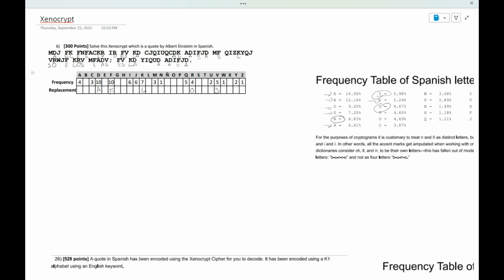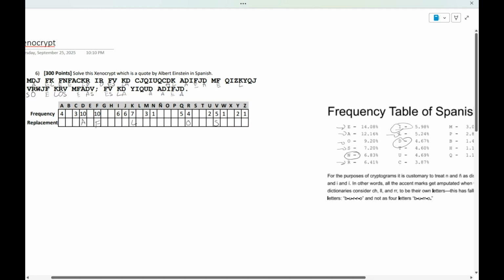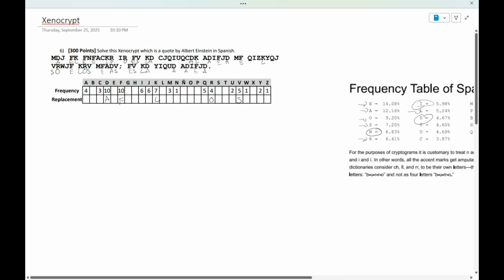Now if we take a look over here, we have I, J, and Q are probably the highest frequency on this table over here. Let's just take a look. We could see that N, I, and D can make anything go up over here.